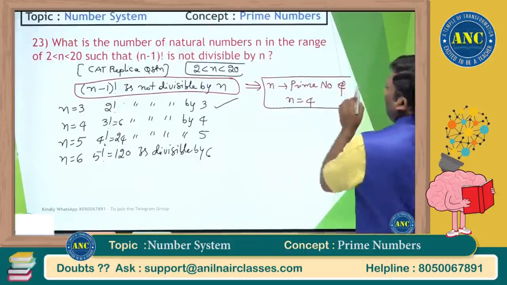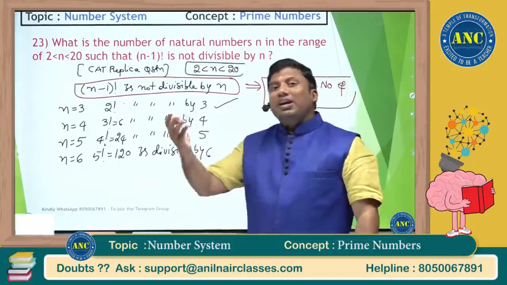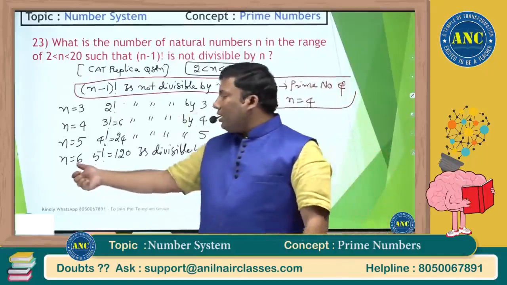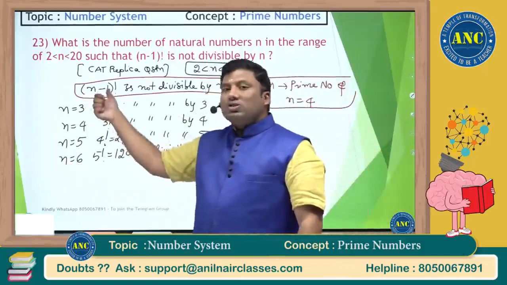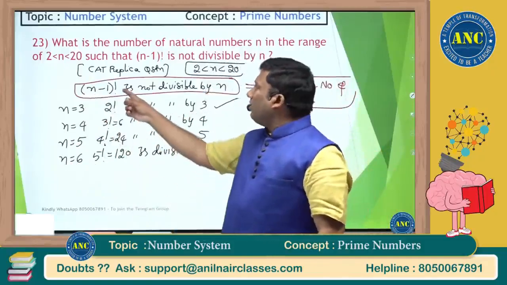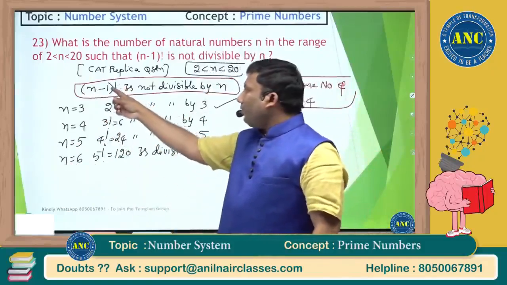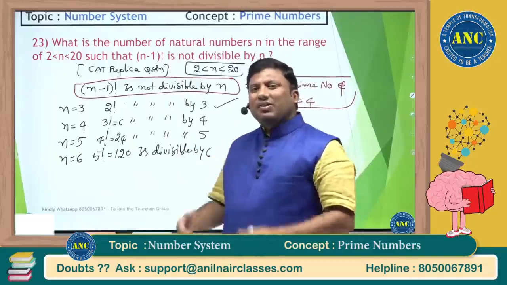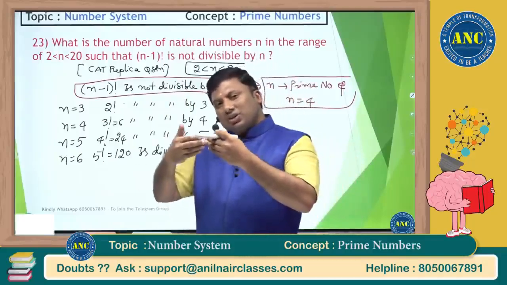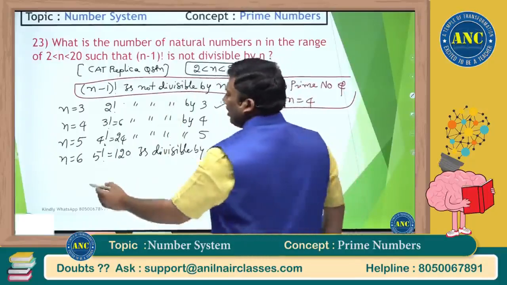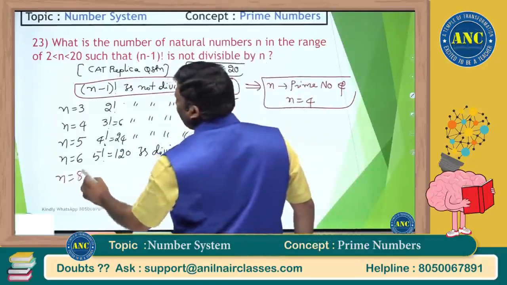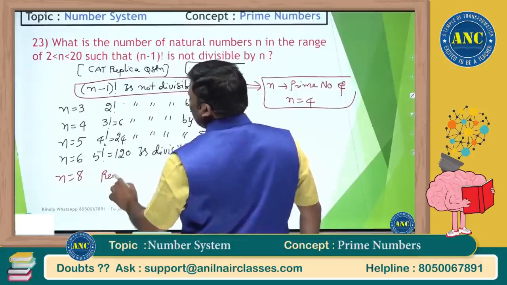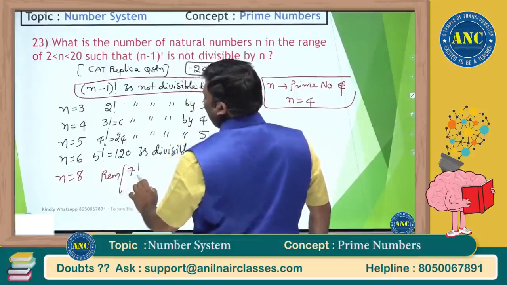Let me take n as a composite number. 8. 8 minus 1, 7 factorial.